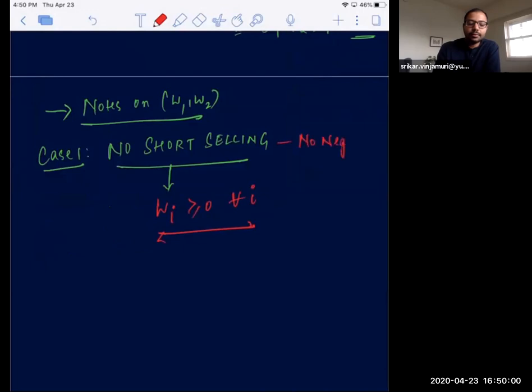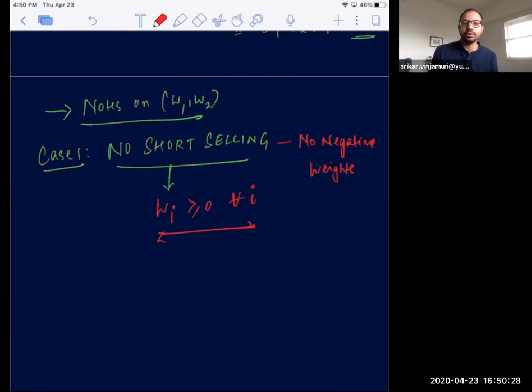I'll get into what it means to have negative weights in a second, but when we consider the first simple case, you can't ever have a negative weight. Either you put no weight on an asset, you don't take any of your money and allocate it to it, in which case the weight on that asset would be 0, or it would be something positive. You can either stay out of that asset completely, or you can put some positive proportion of your wealth in that asset.